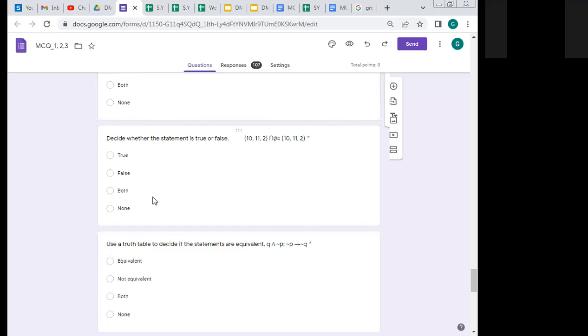Now you tell me this one. Decide whether the statement is true or false. False. How do you know that? Yes. Intersection is what?